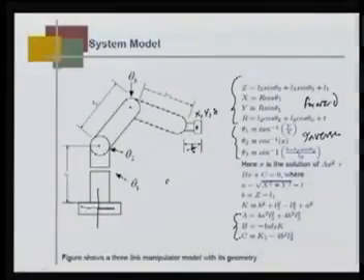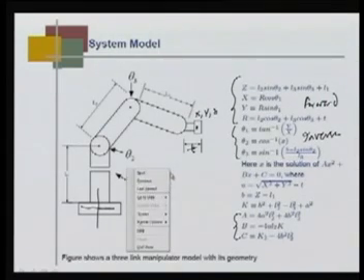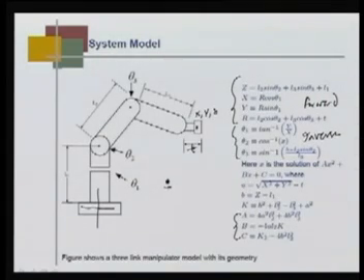What we are interested in is, given a target point, how do I learn step by step based on visual feedback, such that the error between the end point and the target point goes to zero, or the end point comes to the target point. That is the problem that we are going to solve.